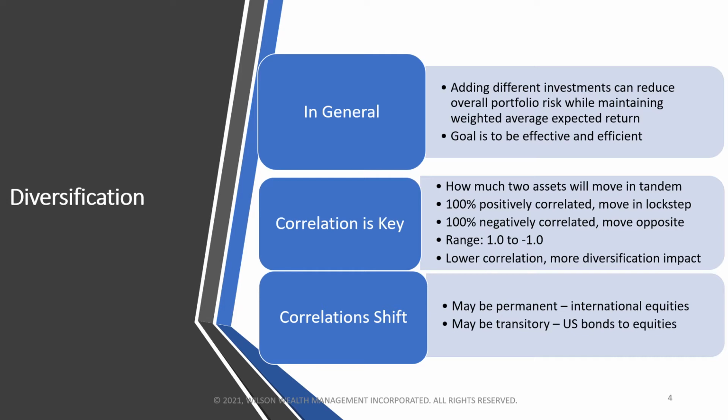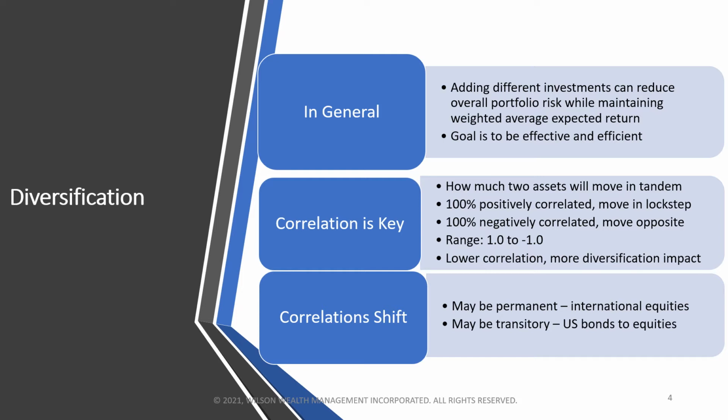Now it's relative, so if you can be positive 0.1 or 0.2 and that still gives good diversification. But the perception over the last couple of decades, since the very late 1990s, that bonds have a negative correlation with US equities doesn't hold true over the long term.